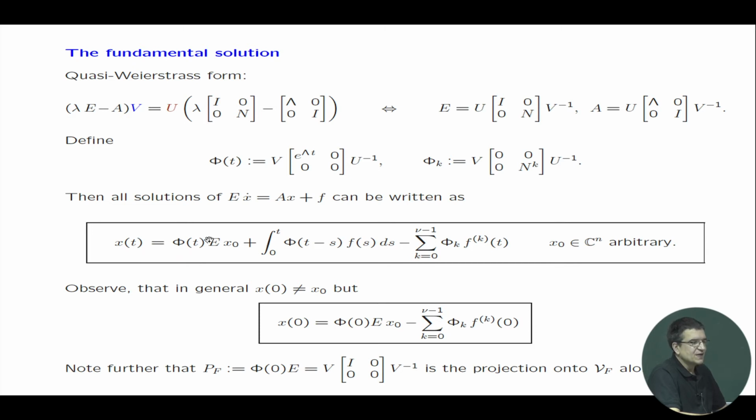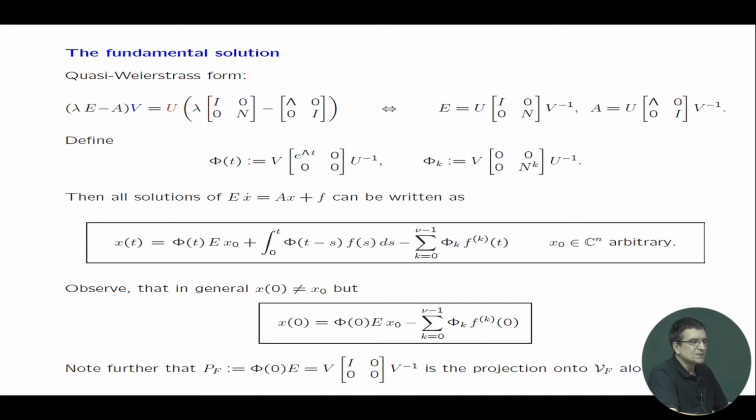So we have here our phi of t, and it also appears here in the convolution integral. This is the same as in the standard case with the matrix exponential. And we have this additional term where the derivatives of the inhomogeneity appear. They are just multiplied with these matrices. In this solution formula, all terms are unique.